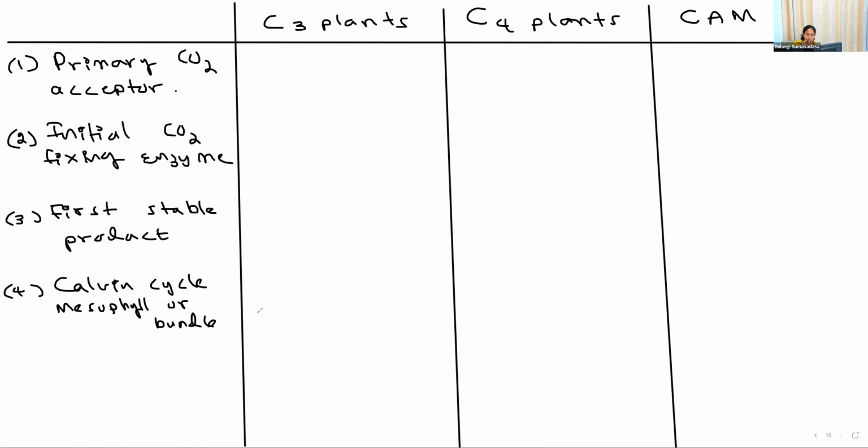I'm going to write down the Calvin cycle. Where is the Calvin cycle going to take place? Number 4. Is it in the mesophyll or bundle sheath? If you remember the Kranz anatomy I did last week, which one has the Kranz anatomy and which two are not going to have the Kranz anatomy?